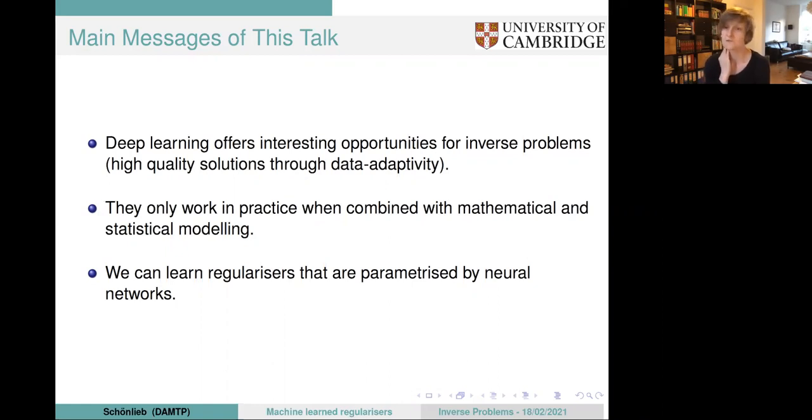Because of a combination of things, because they are usually ill-posed, and because we usually also don't have the data at our disposal that would really be able to capture the whole solution space. And so in order to apply deep neural networks, we need to be able to combine them with what we have done very well for many years, which is mathematical and statistical modeling. And in this talk, I'll in particular talk about learning regularizers with neural networks.